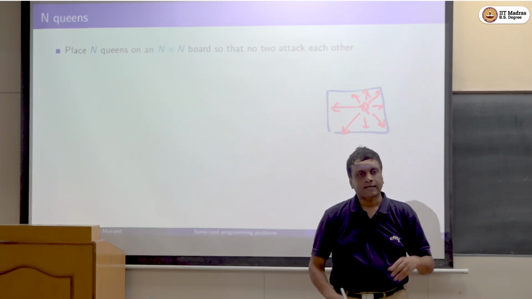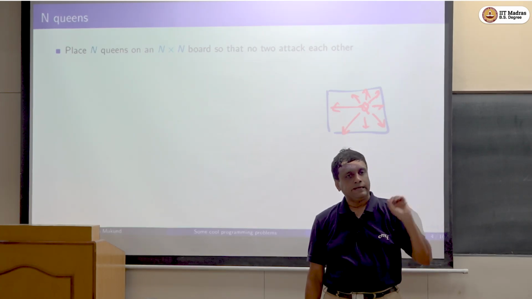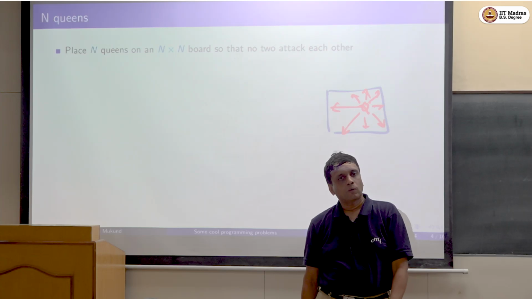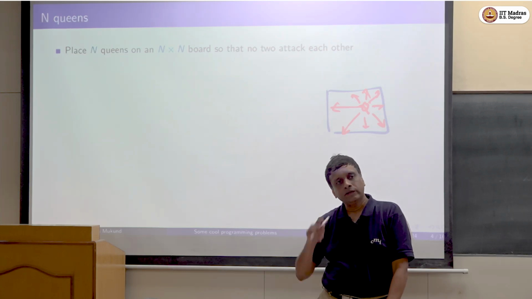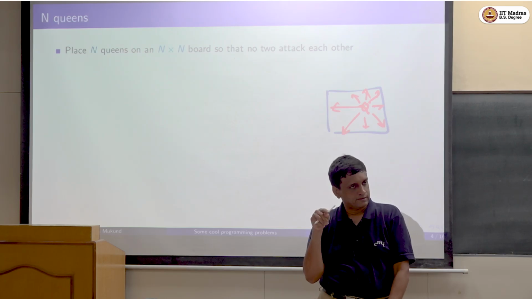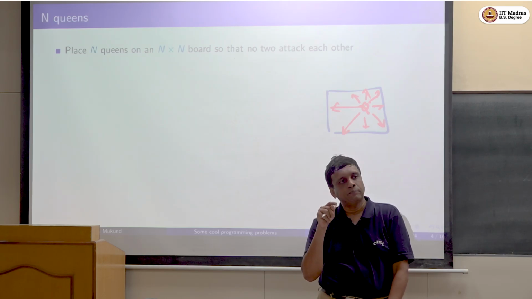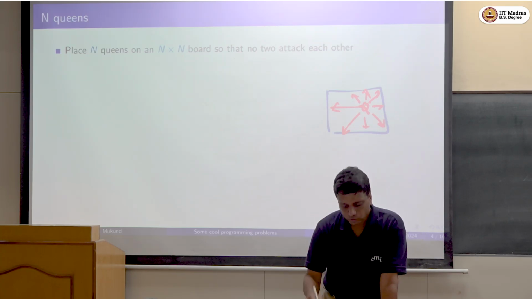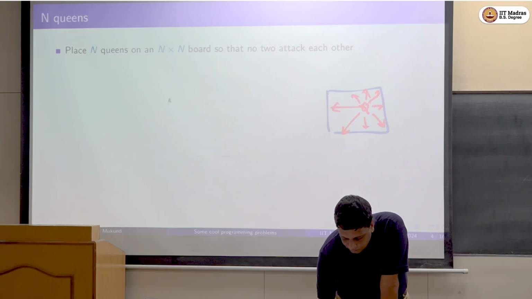Right? So now in a standard chessboard, you have 8x8. If you have a queen anywhere on the chessboard, it will attack its row and column, plus 2 diagonals. So you cannot put any piece on that same row and that same column, which is not under attack. But you could start like this, for example.